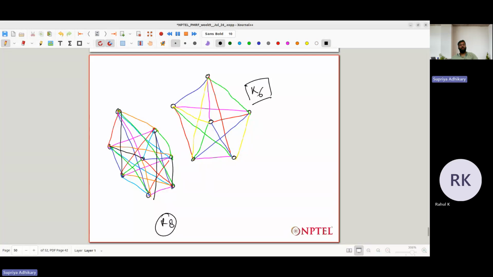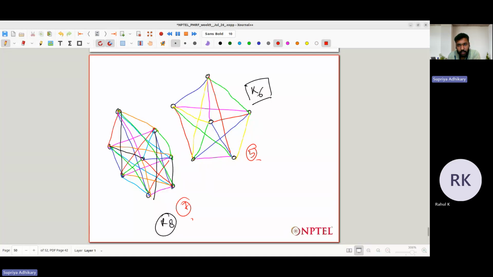Okay, so there are basically 7 colors. One, two, three, four, five. So in K6 we need 5 colors, and for K8 we need 7 colors.